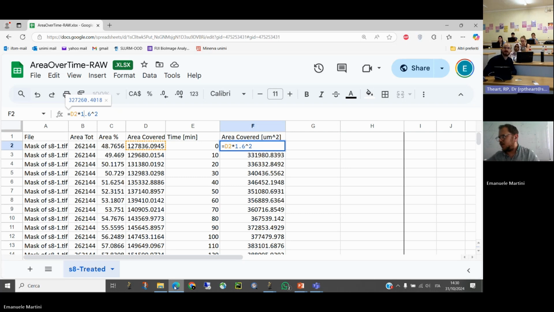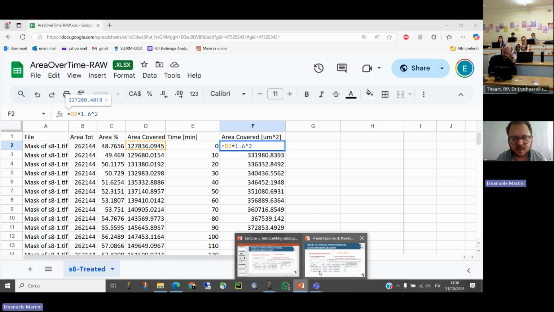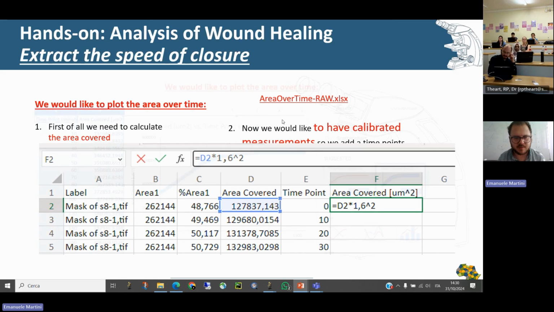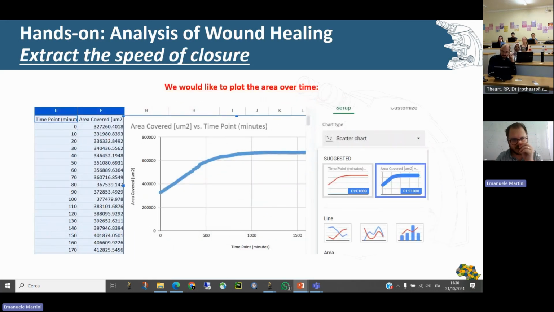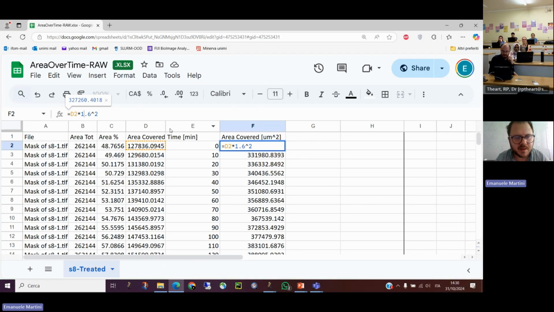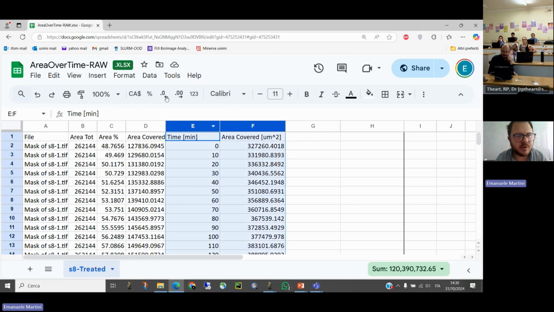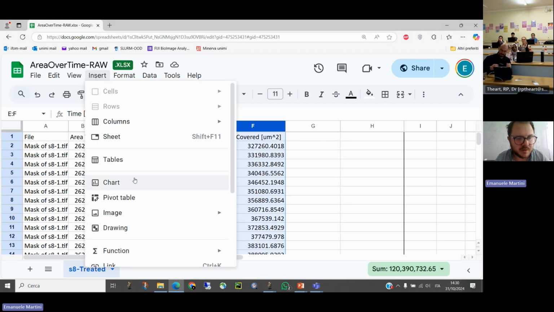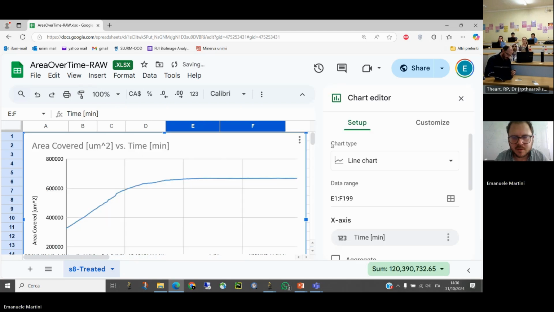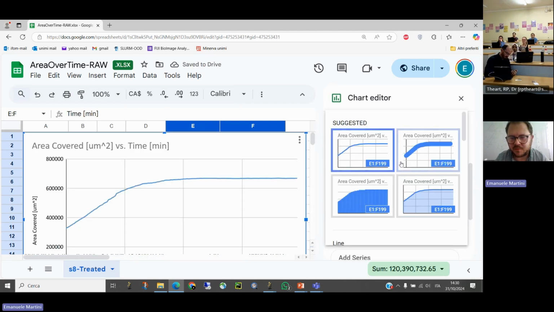I think you can proceed. From here, what you can do is finally plot our area over time. I don't remember in Excel where it is, but the point is that you have to select the two columns, and then from here, I also don't remember exactly where, there is a chart option. And then you do a line chart or scatter, the one you prefer.